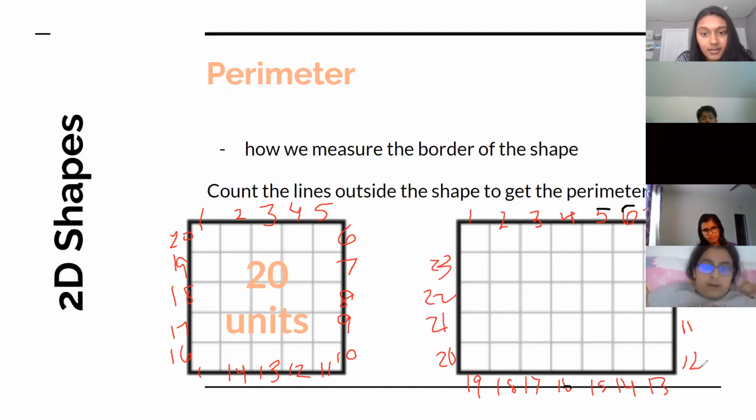That's 24. Yeah, so this perimeter is 24.